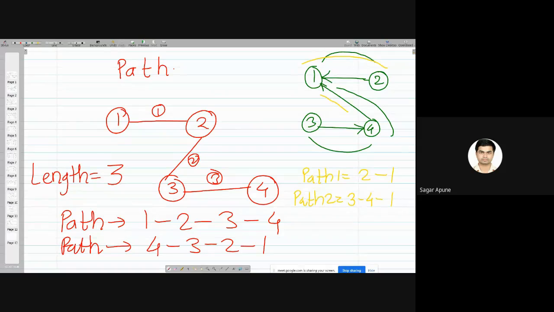So there are 2 paths, 2 to 1 and 3, 4, 1. Here there are two lengths. For path 1, length is 1, because only one edge is there, 2 to 1. For the second path, length is 2, because there are two edges.